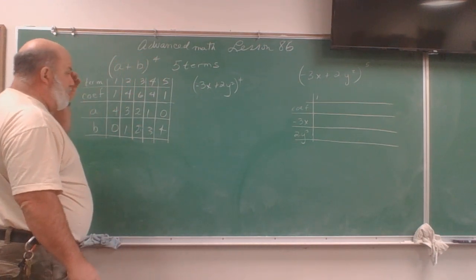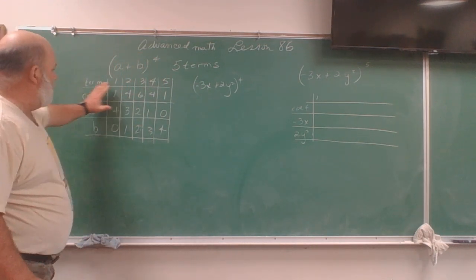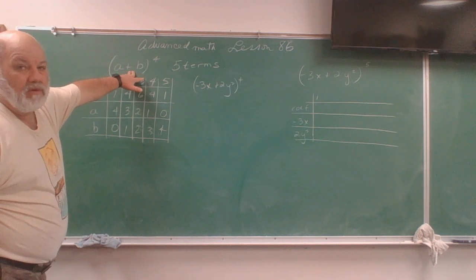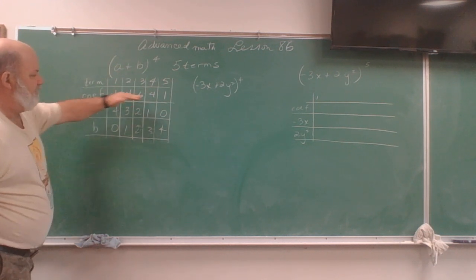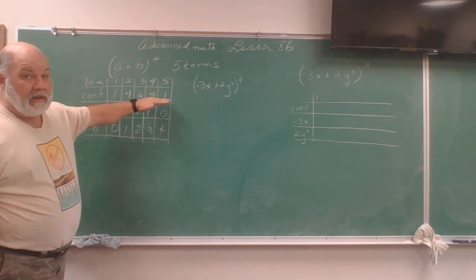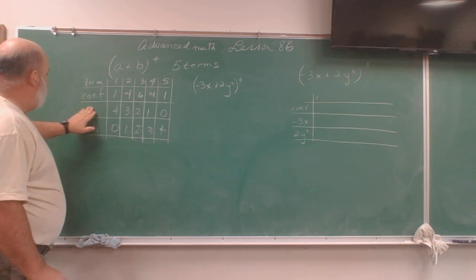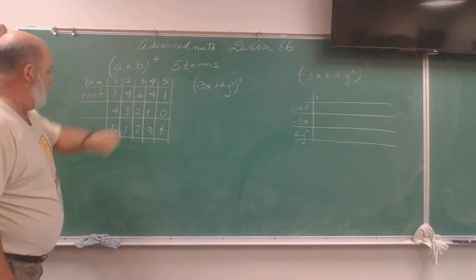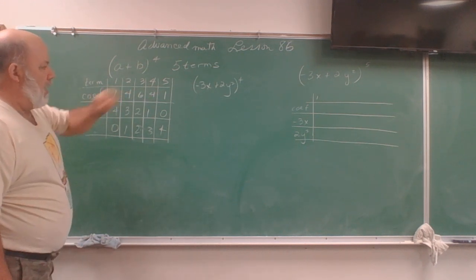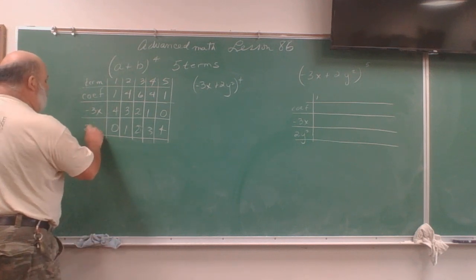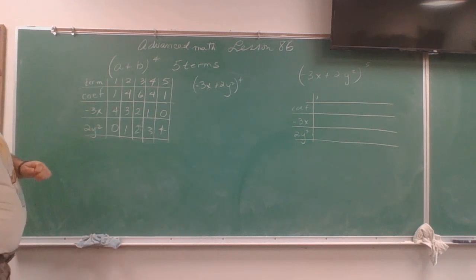When we are given something like this, we're going to set up our grid just like we did for (a + b) to the fourth power. We have 5 terms. The coefficients initially are going to be the same, but instead of a, I'm going to put negative 3x here. I'm going to put 2y squared here, positive 2y squared.